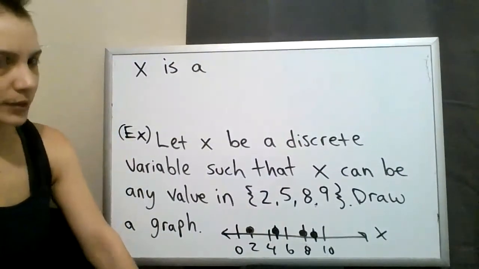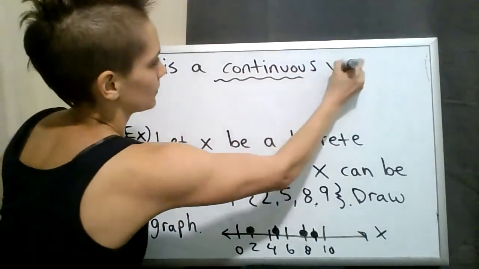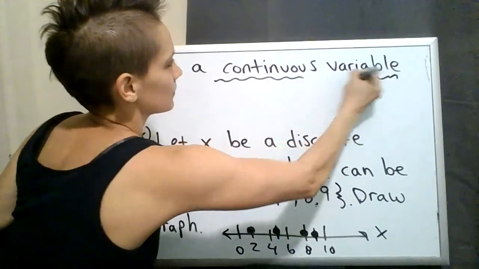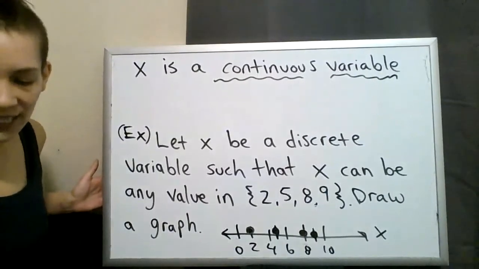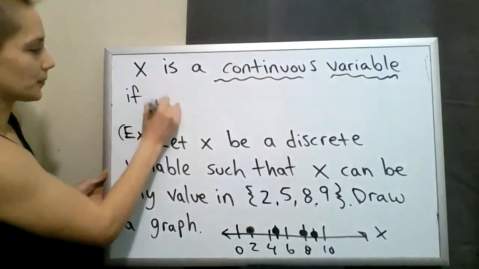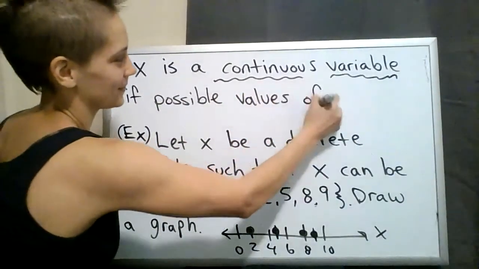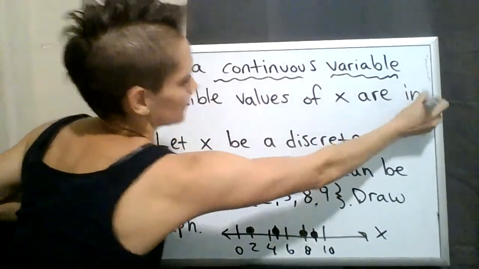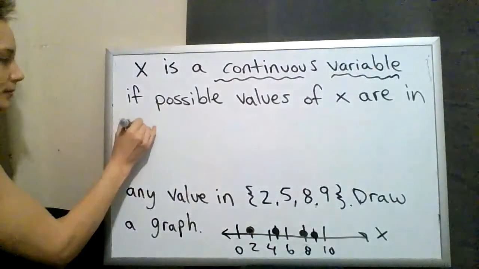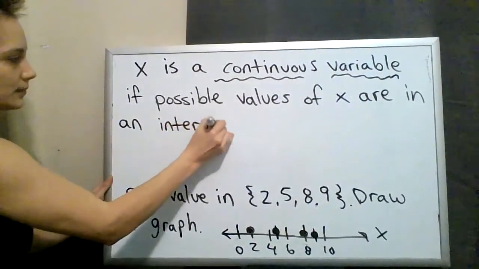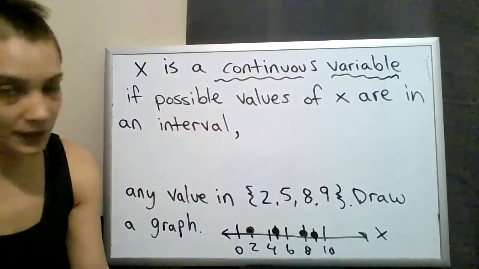X is a continuous variable if possible values of X are in an interval or a union of intervals.